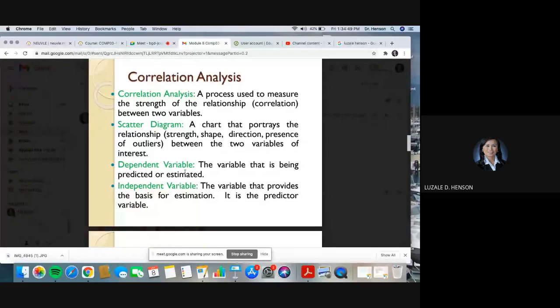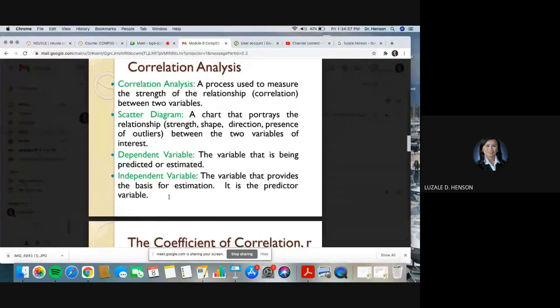The dependent variable is the variable that's being predicted or estimated, while the independent variable is the variable that provides the basis for estimation. It's the predictor variable. You know that. For example, if the price of gasoline increases, as an effect of that, the prices of commodities will increase.